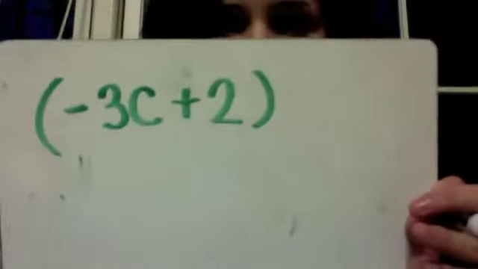As for the second group, -3c plus 2, you will need to find the greatest common factor in this binomial as well. It will look like this. From this point, you will need to find the greatest common factor of this binomial as well.